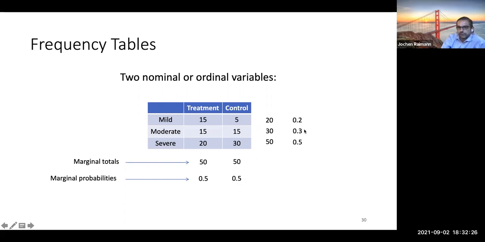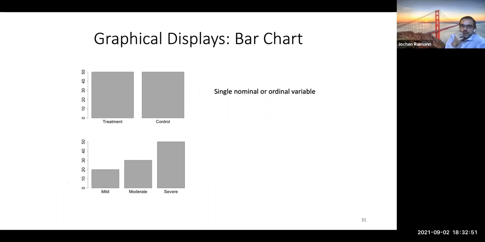The same you can do here with the marginal totals and probabilities for the respective rows, which will allow you to also calculate risk ratios. Because within each of these groups, you can calculate a risk for each of these treatment groups. But we'll talk about this later when we come to applied probabilities in medicine.